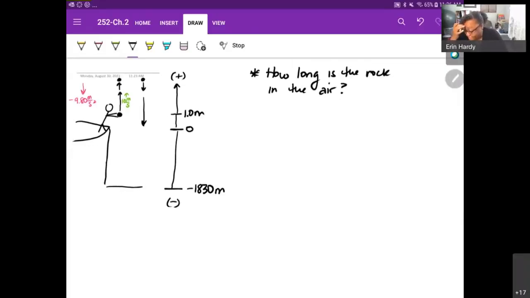So we can approach this a few different ways. I think that probably the most straightforward one for where we are right now is to figure out how long the rock spends going up and then how long it's going to spend going down. So kind of sub question here, how far up does it move?